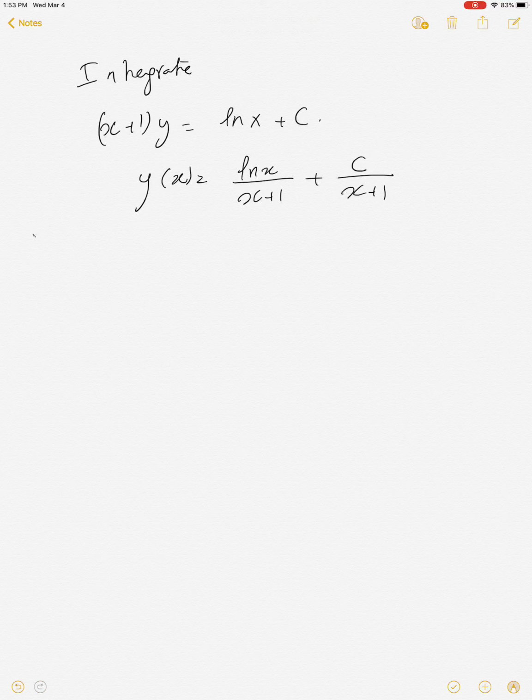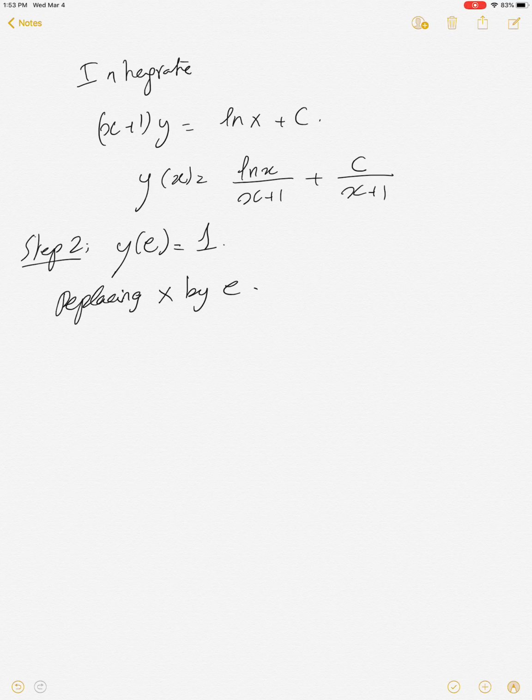Now recall that this is not done because here I have an IVP, so step 2, I have y(e) = 1. So replacing x by e, we have 1 = (log e)/(e+1) + c/(e+1).